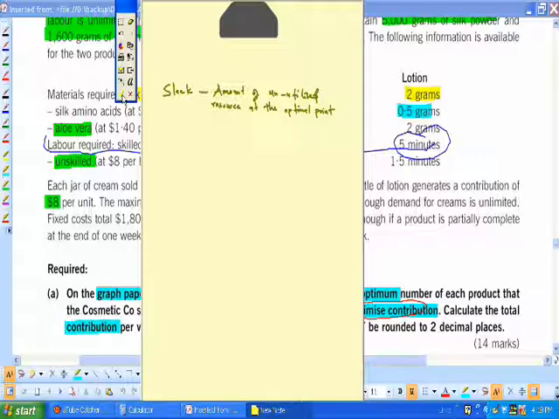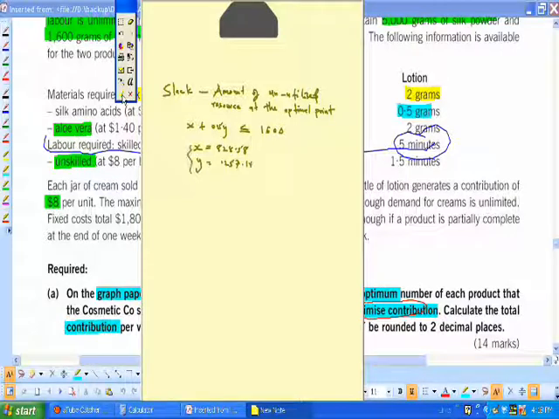The equation for amino acids, if you remember, was x plus 0.5y less than or equal to 1,600. At the optimum point, our x was 828.58 and y was equal to 1,257.14.